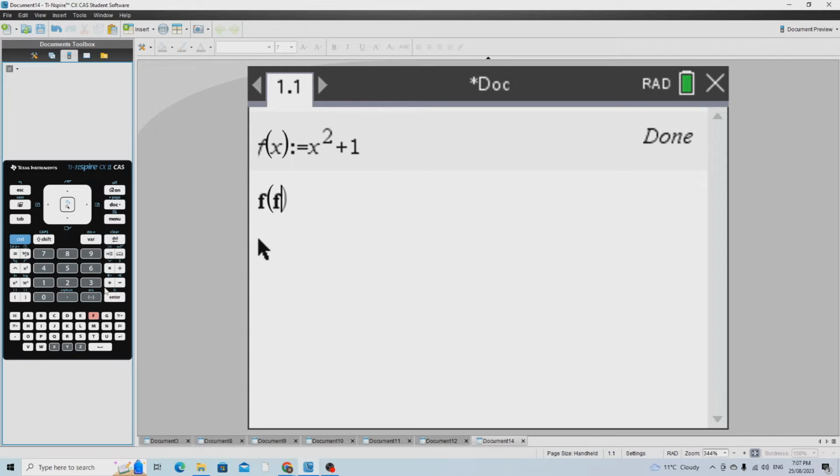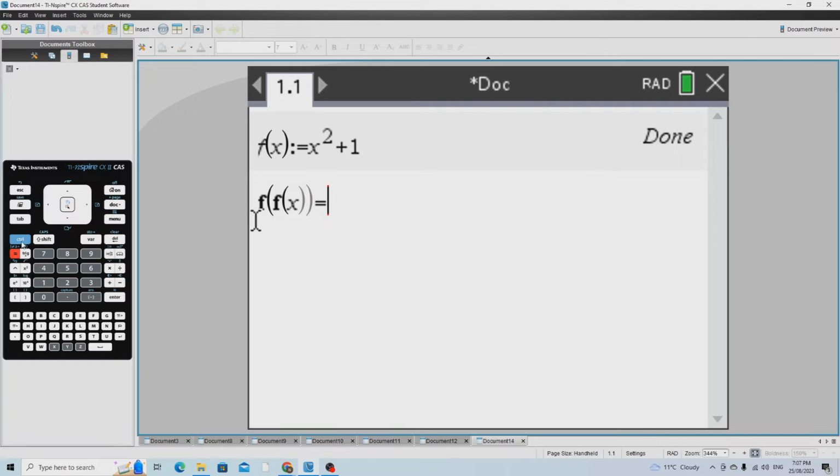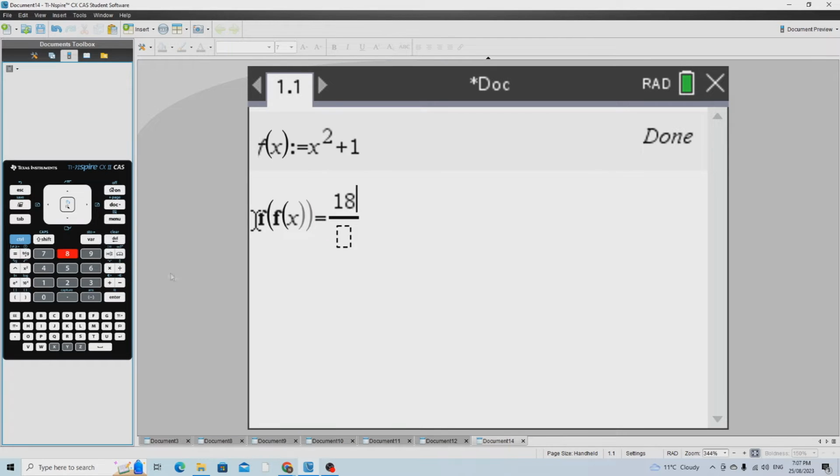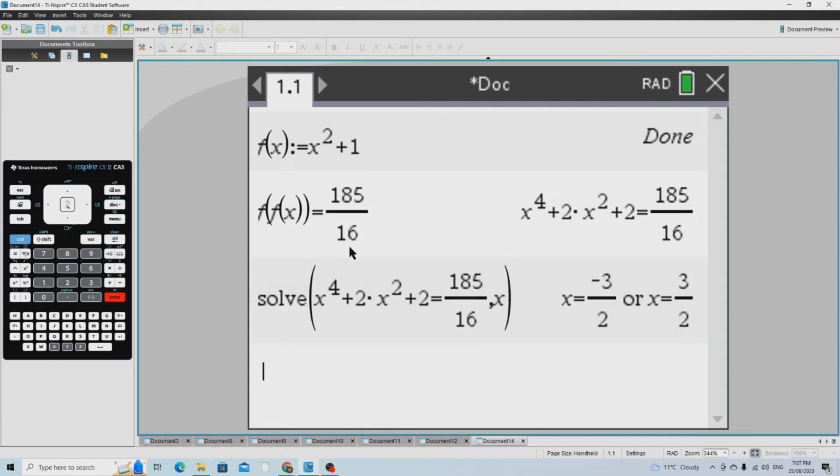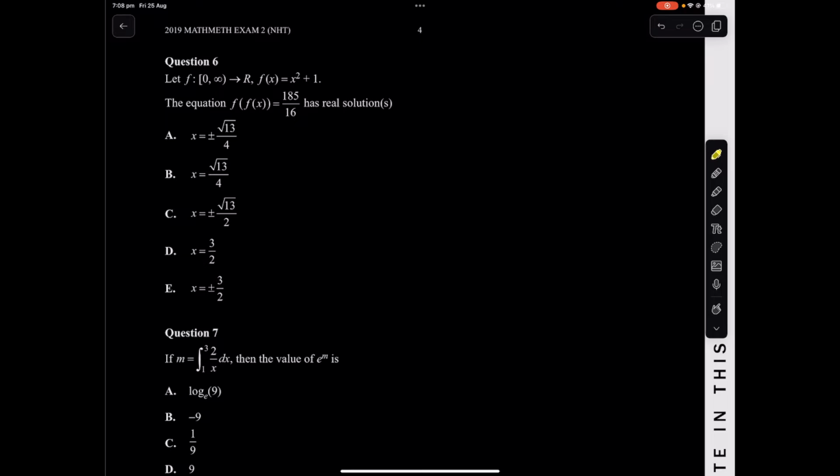So we want to find f of x equal to 185 over 16. And we want to solve for x. Gives us these two values, but you need to remember that we're only taking positive values because it's from 0 to infinity. So x must equal 3 over 2. Okay, D is your answer.